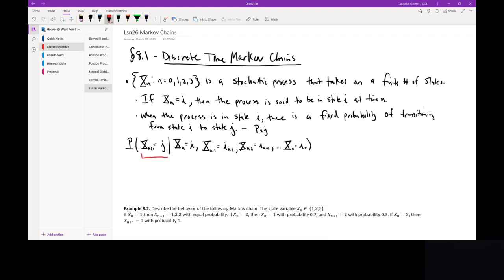This is called the future state. This is called the present, what state you're currently in, so the present state. And this is called the past, or past states.